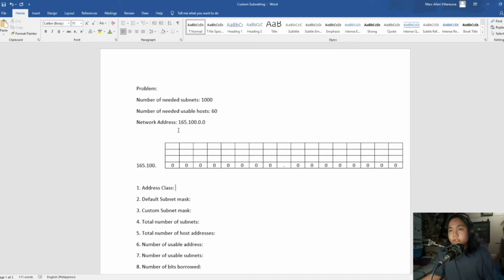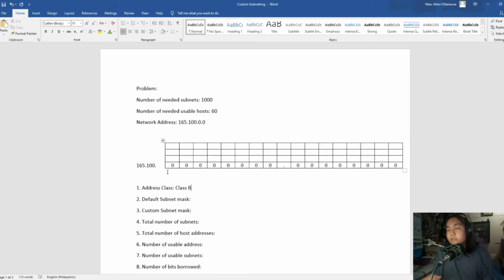So the given is 165.100.0.0. So basically with this given we can already tell that our IP address is class B. Since we have a class B network address, automatically we have two hosts already, these two zeros in the end.